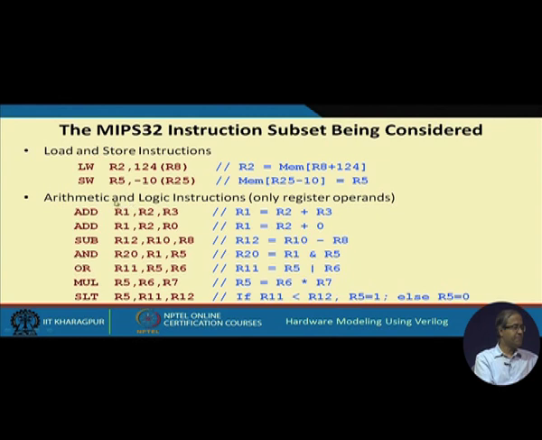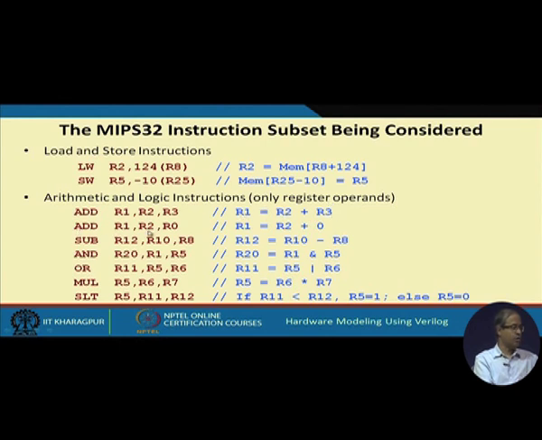There are some arithmetic and logic instructions which will be considered, where only register operands are used, like add R1, R2, R3. Here the convention is that the first register is the destination, and the other two are the sources. So, add R1, R2, R3 means add R2 and R3 and store the result in R1.